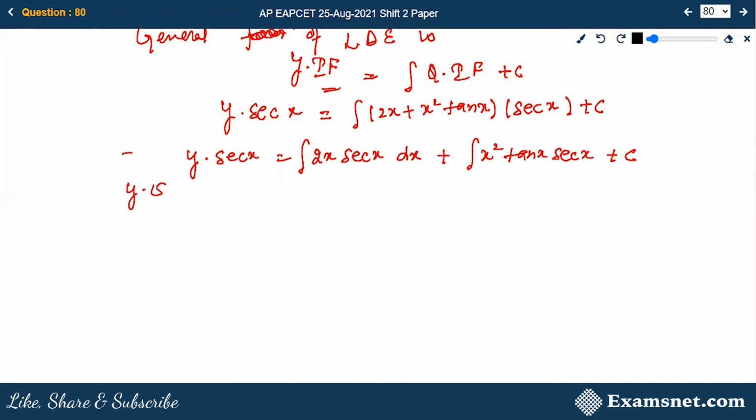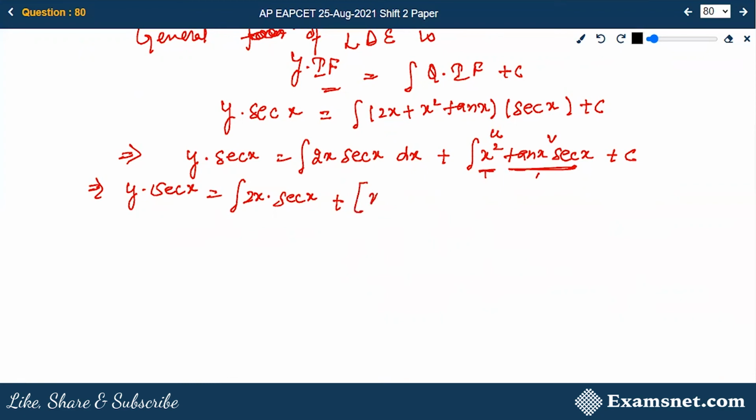Y into secant x is equal to, I'll keep it as integral of 2x secant x, plus, now I will see the second one as two functions. X square, I'll take this as u and tan x secant x as v. So when you are having two functions, how are you going to do the integral in that case?